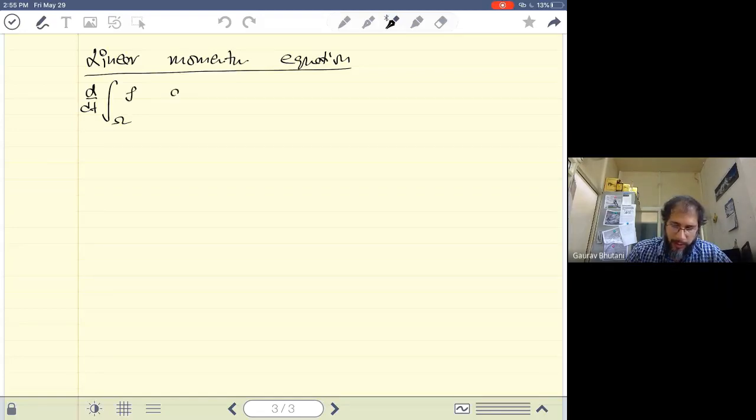Rho times d omega, that's the small mass that we're integrating over, and then the velocity of the element that we're considering. So that's the time rate change of momentum, and this is equal to the total force acting on the body, which is a sum of the body forces and the surface forces. So we write the body forces first.